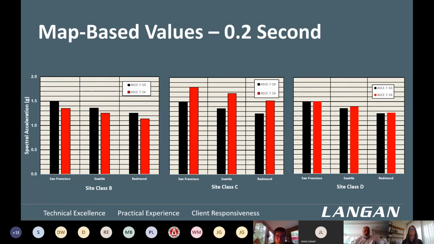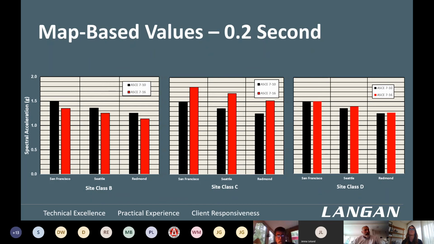So just to give you an impression of how USGS develops these maps, these are for 3 areas and 3 site classes. We put in San Francisco because I'm from San Francisco, and obviously Seattle and Redmond as well.